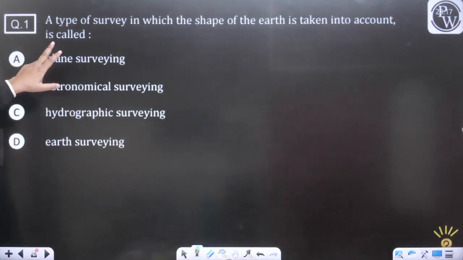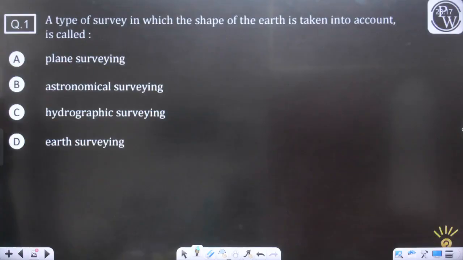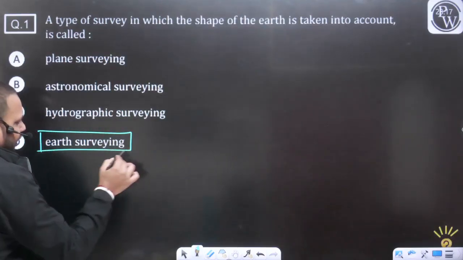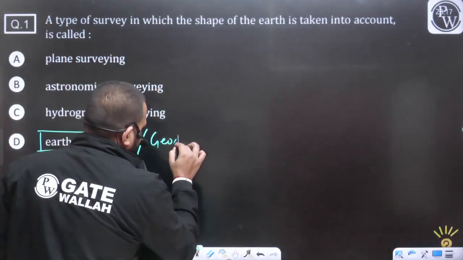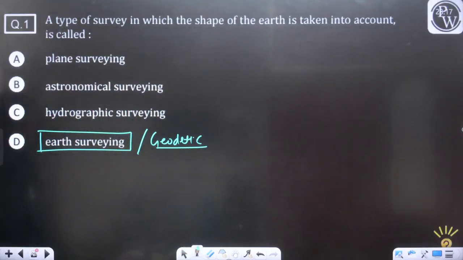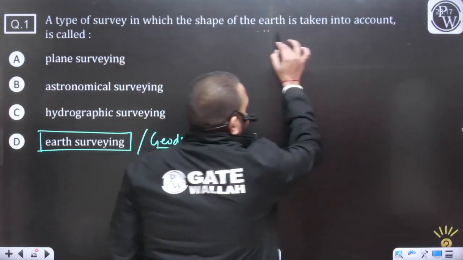Type of survey in which the shape of the earth is taken into account is known as geodetic surveying.